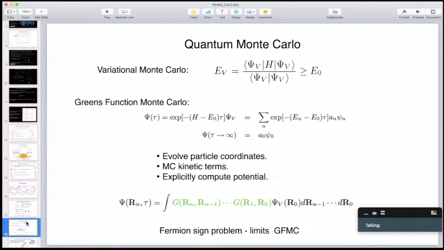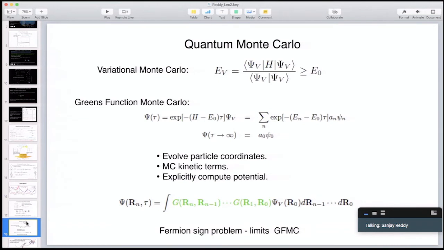So as you keep increasing tau, all of the excited state components in the wave function get suppressed. If this procedure can be done in a systematic way, then for large imaginary time you will recover the ground state of the system.